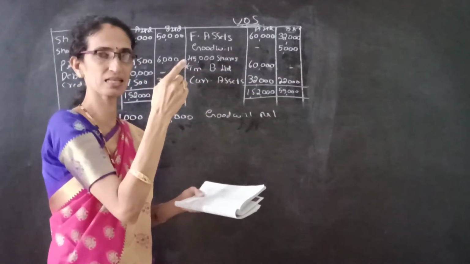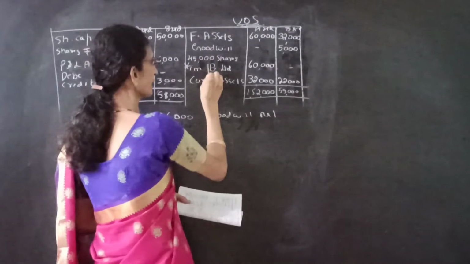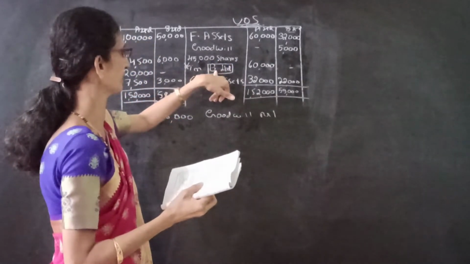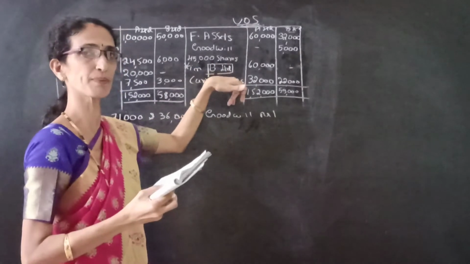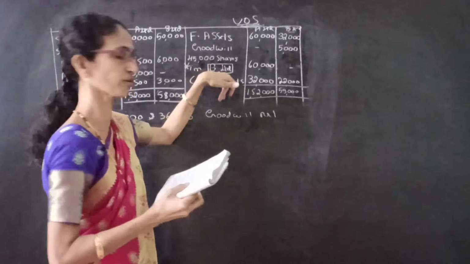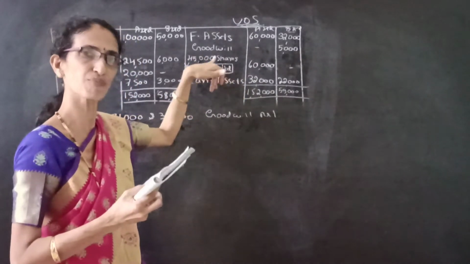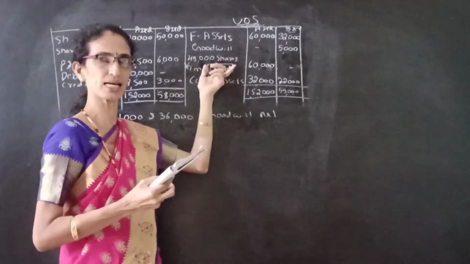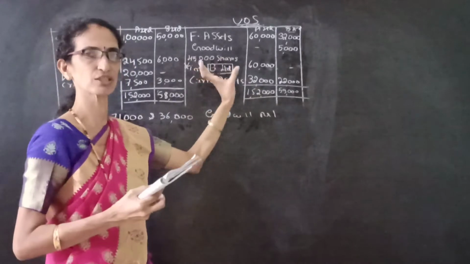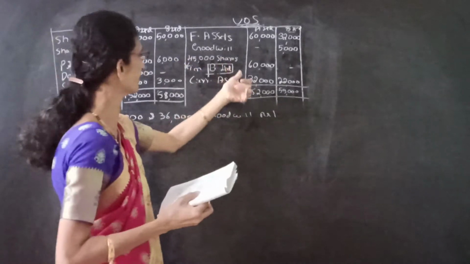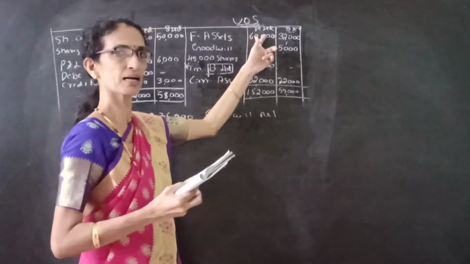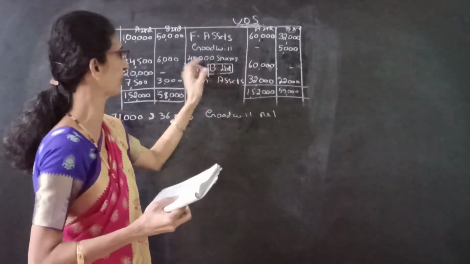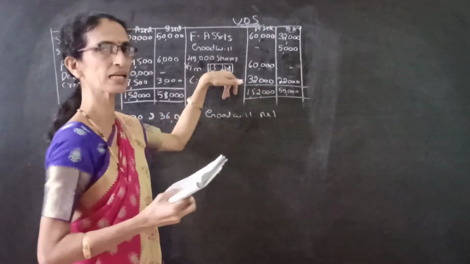So in the last class I told you, if any company's shares are given, here B Limited, then first we have to find out the value of shares of B Limited. Whichever company's share value is given, we must do that company first. Then next we have to find out the share value of the other company, because the market value we get from B Limited.